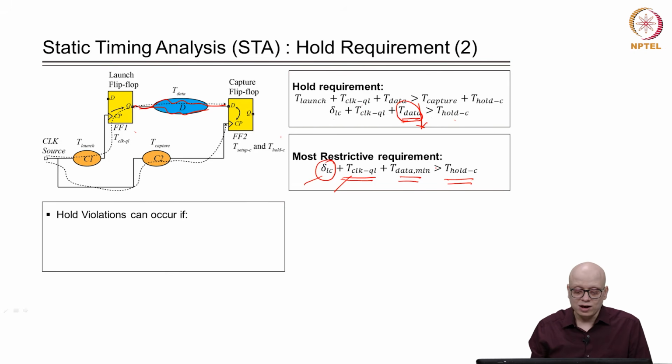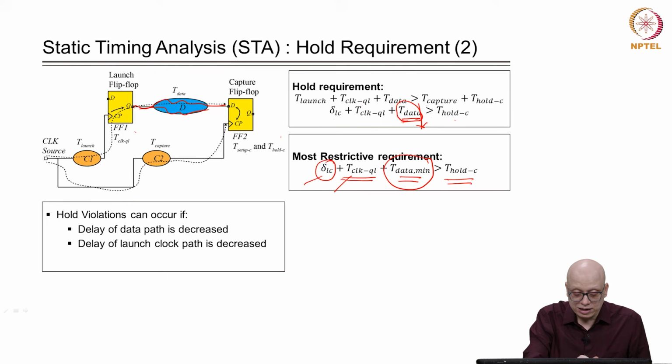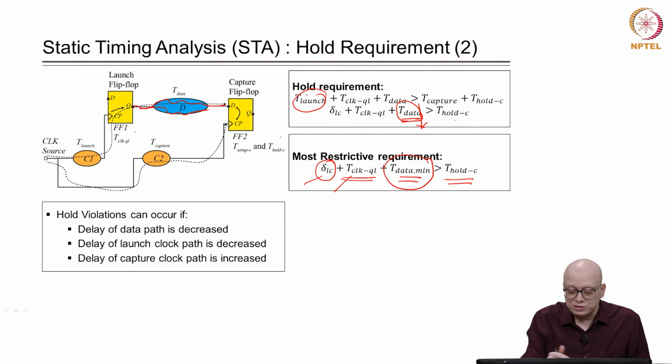Now, a hold violation can occur if the delay of the data path is decreased, right. If we decrease this, it is more likely to fail, or if the delay of the launch clock path is decreased, or the delay of the capture path is increased.